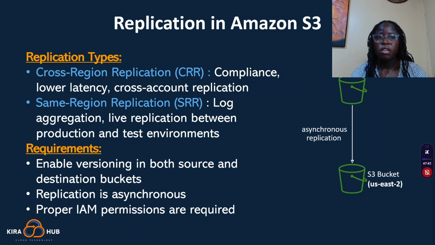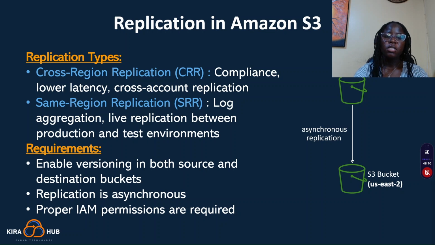So for this to be made possible, versioning must be enabled in both the source and the destination bucket. And this replication process is asynchronous, meaning that it takes some time to complete after an object is uploaded. Now, additionally, we have to configure our IAM permissions properly to ensure that S3 has the appropriate permissions to replicate objects between these two buckets.